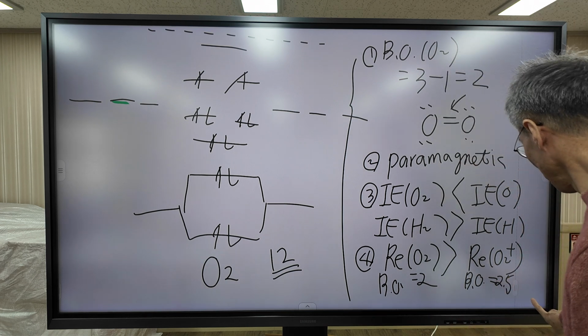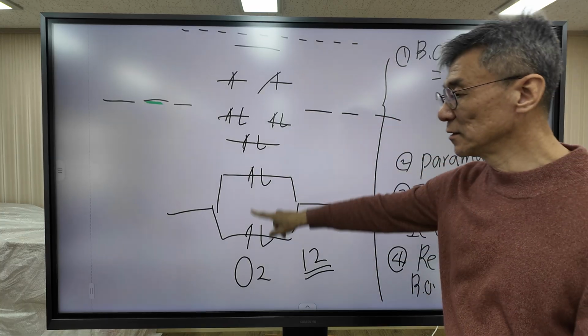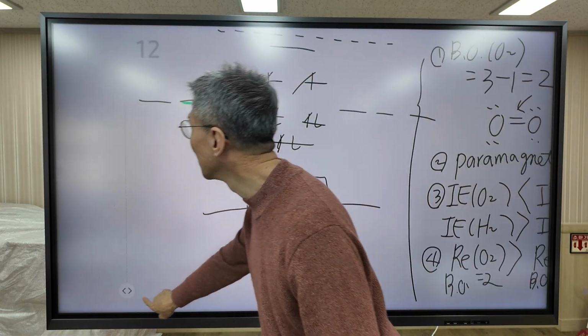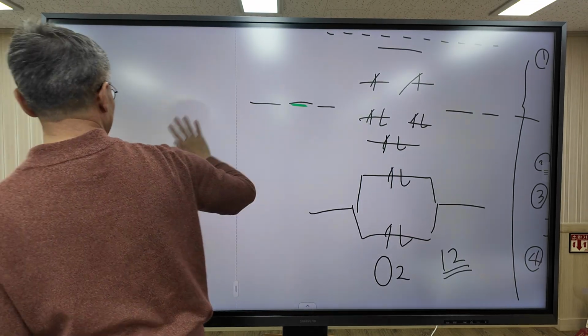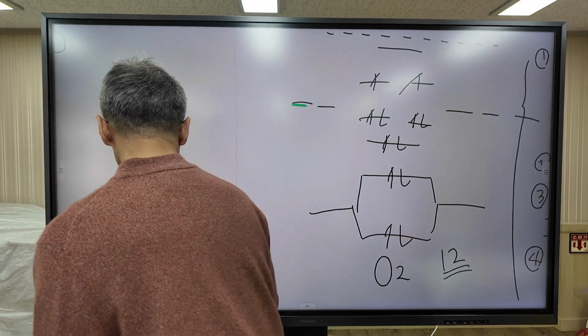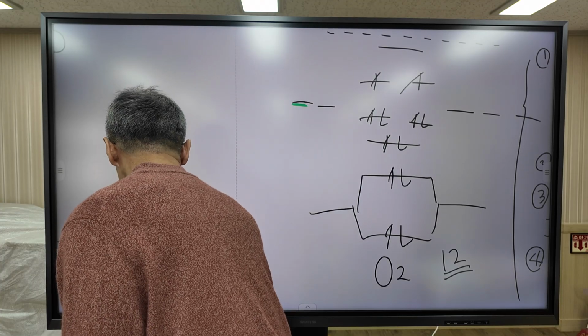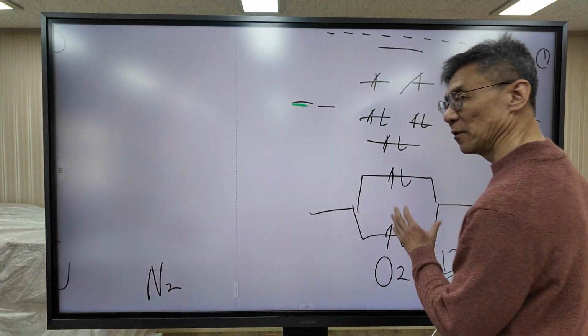Now, this is the orbital energy diagram of O2. Tomorrow, I'm going to explain the orbital energy diagram of N2. The orbital energy diagram of N2 is different from O2.